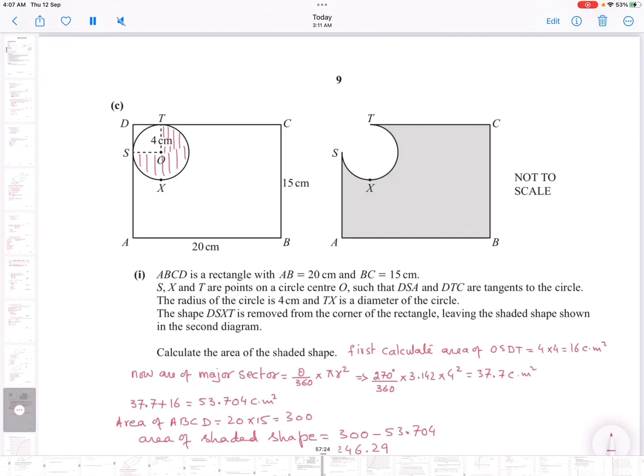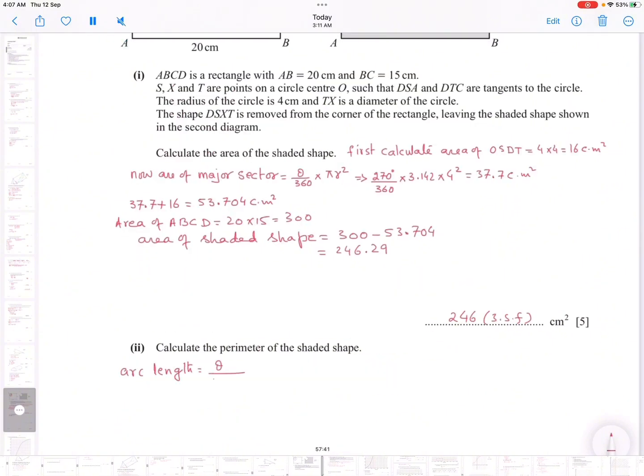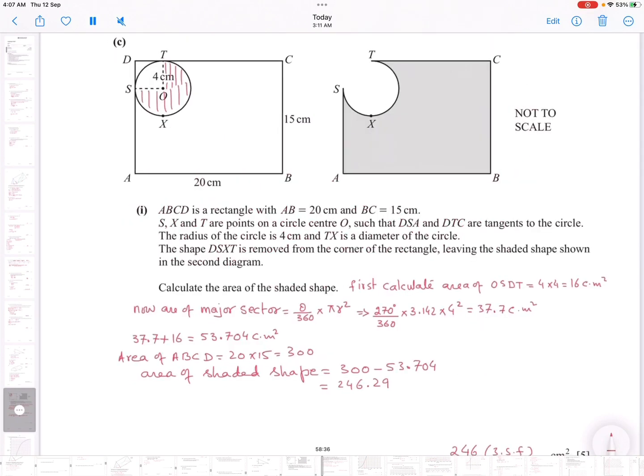Go back to the first diagram and use the arc length formula, theta over 360 into 2 pi r. Theta is 270. Everything you know, put in the formula and use the calculator. So your arc length is 18.85.